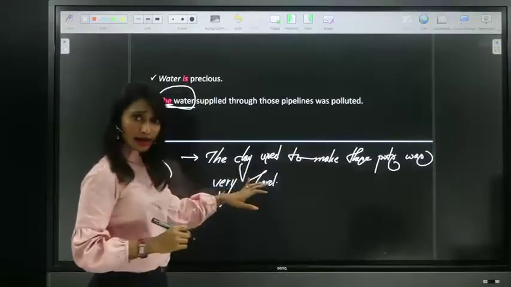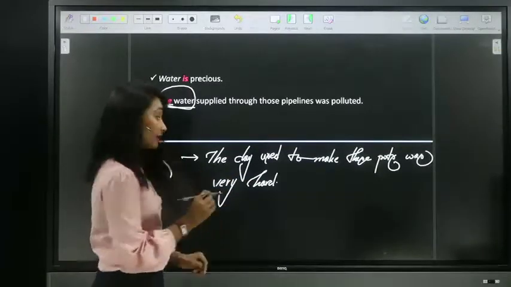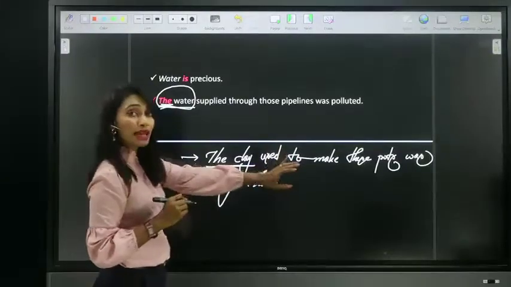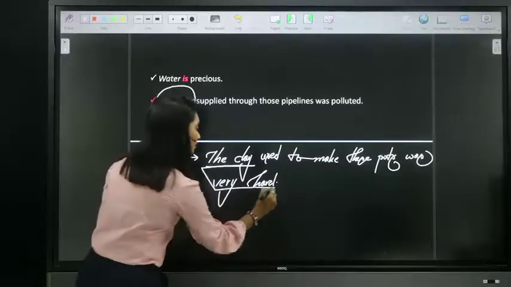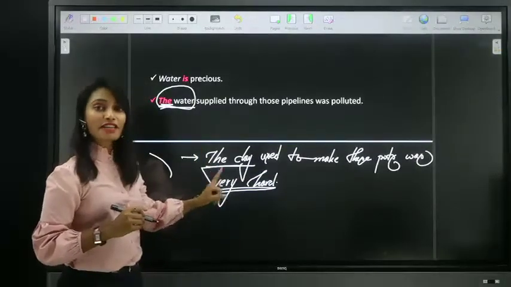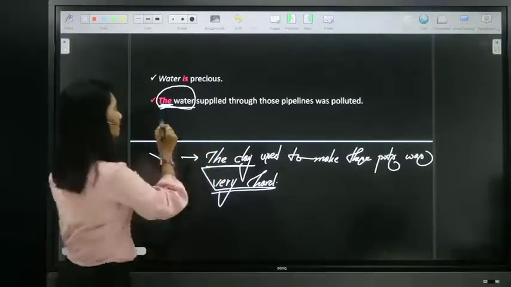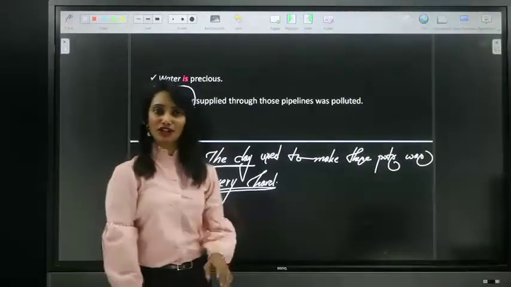Which clay was hard? Entire clay in the world? No. Here we are specifying the clay used to make these pots, particular pots, was very hard. So when we particularize, when we specify, only then we have to use the definite article the. Otherwise, no article must be used before material nouns.